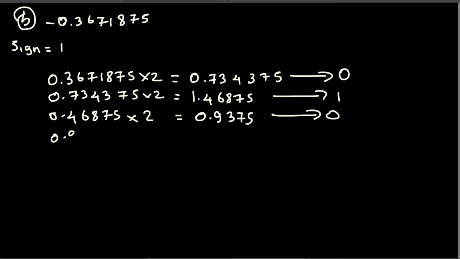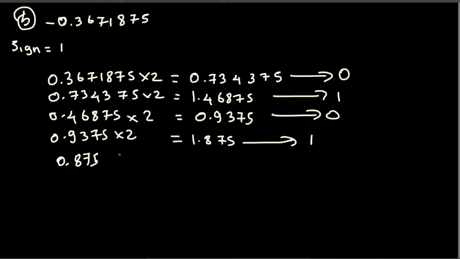Then 0.9375 multiplied by 2 gives 1.875, with 1 in front. Then 0.875 multiplied by 2 gives 1.75, with 1 in front.